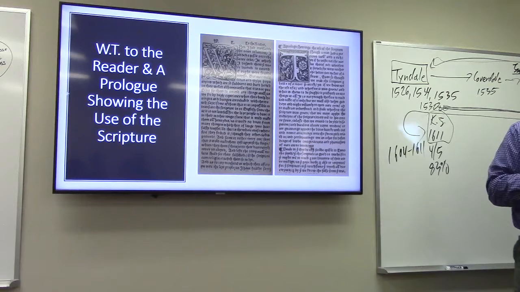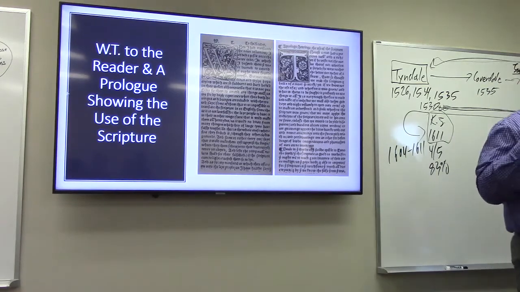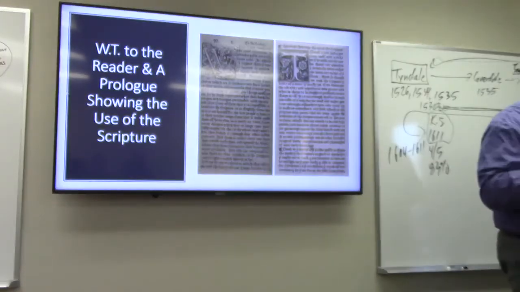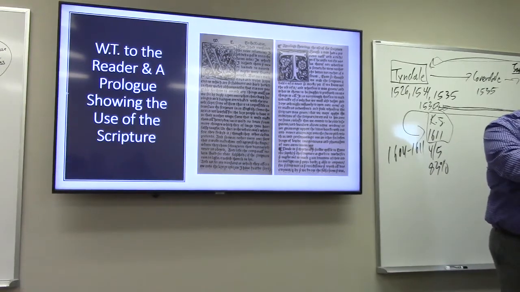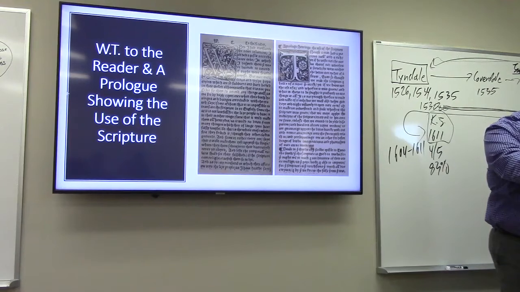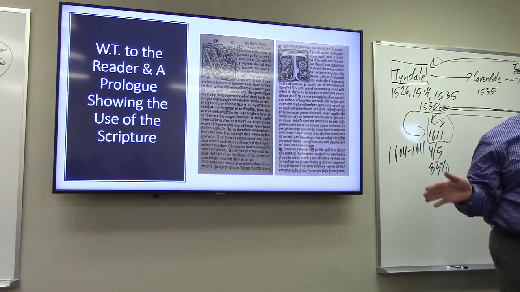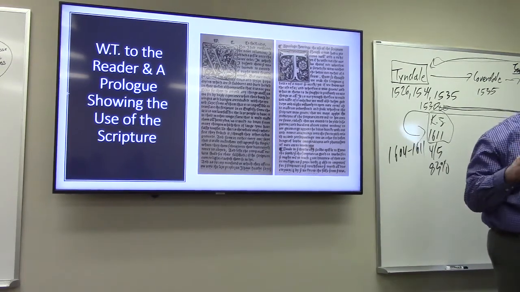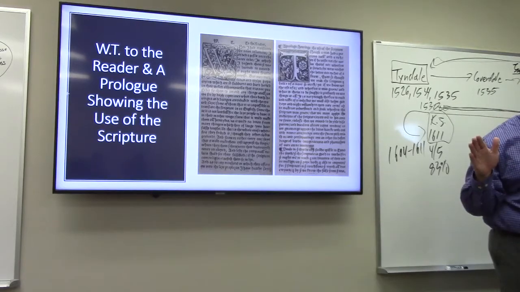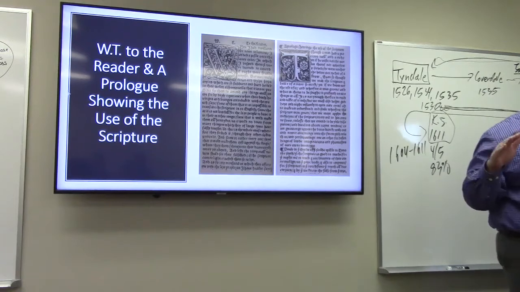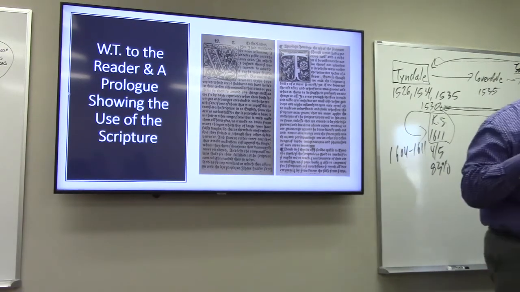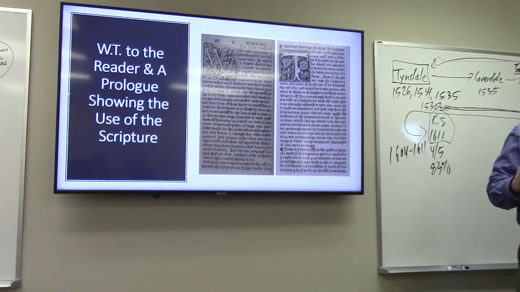After Genesis, he included a table expounding certain words, a prologue into the second book of Moses called Exodus. Then he has a table expounding certain words of the second book of Moses. Then he actually has the book of Exodus. Then he's got a prologue to Leviticus, the book of Leviticus, a prologue to Numbers, and then a prologue to Deuteronomy, and then the book of Deuteronomy.